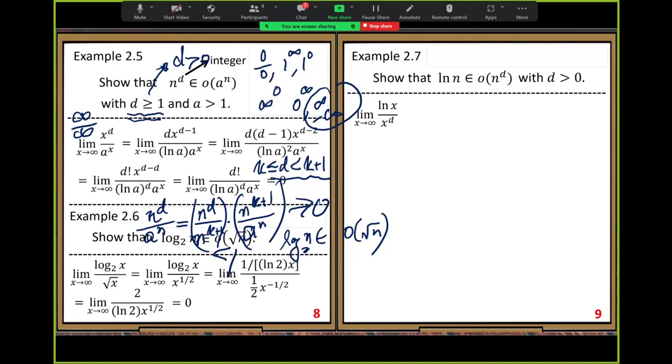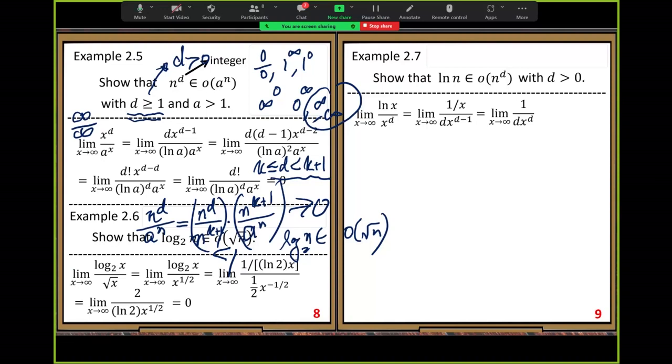L'Hopital's rule: take the derivative, infinity over infinity, indeterminate form. The natural log has derivative 1 over x, the reciprocal function. And the power function has derivative d times x to the d minus 1. After simplification we get 1 over d times x to the d.